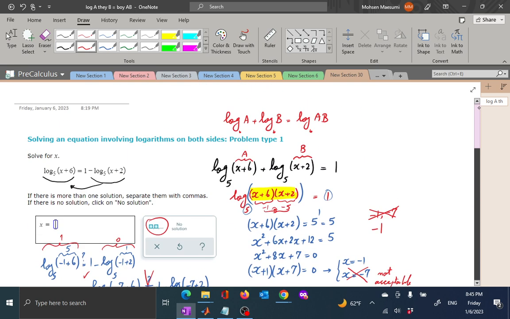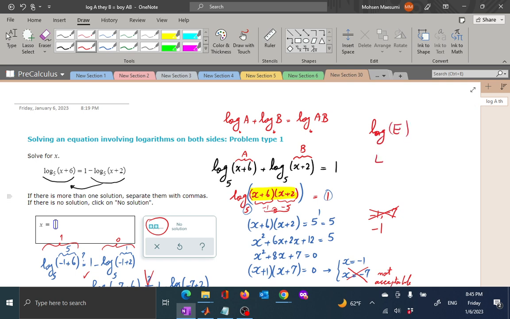Okay, so going back, we looked at equations involving logarithms, 2 or 3 of them, all types, and one thing we learned is that you have to check the answer when you have logarithm of any expression.